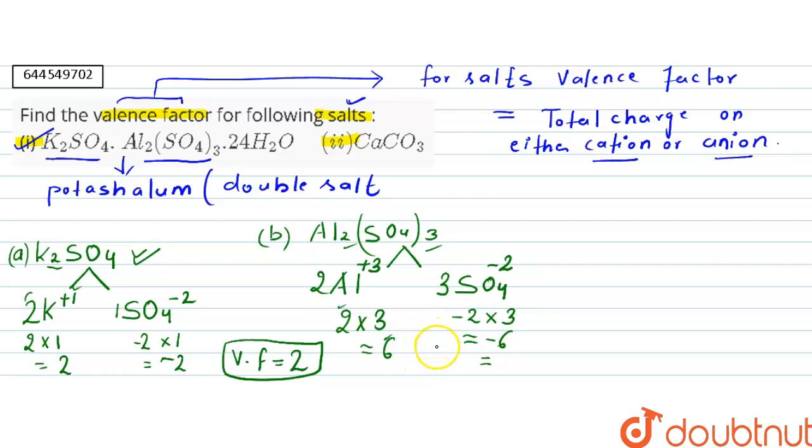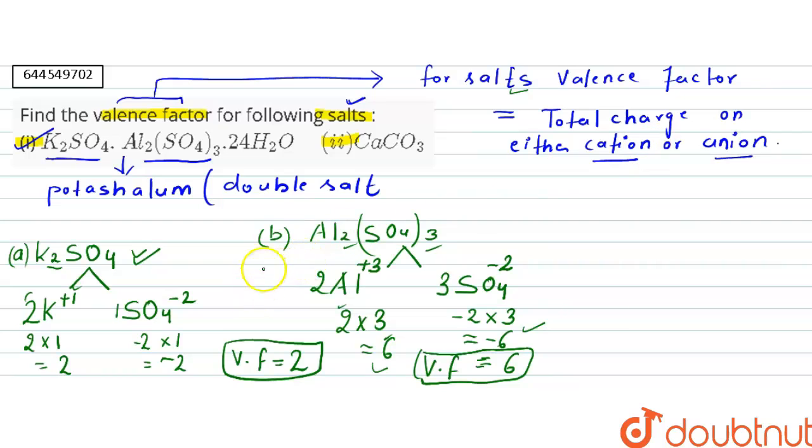So for aluminium sulfate, valence factor is equal to 6. Don't be confused that here it is 6 and there it is -6, but we know that for salt, valence factor is the total charge on either cation or anion. It can be either positive or negative.